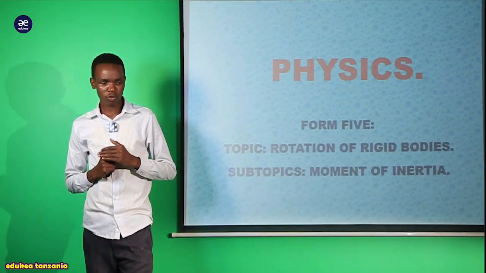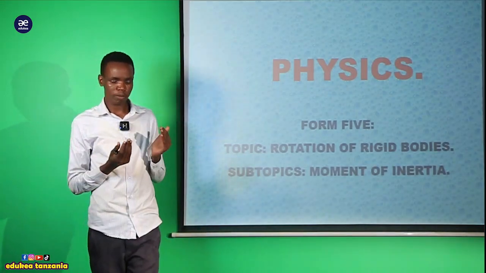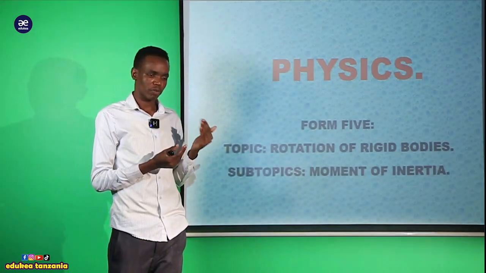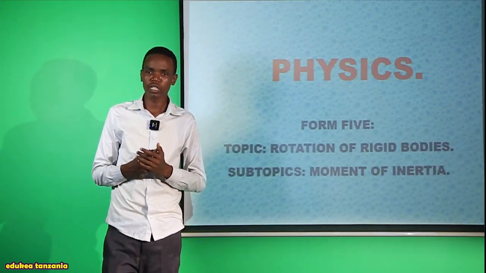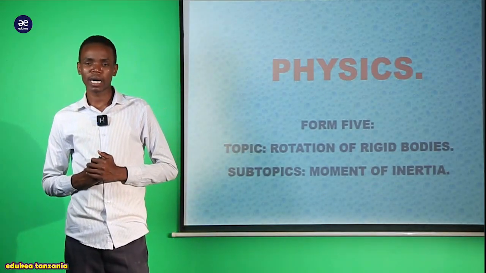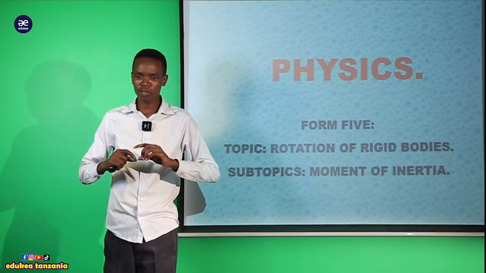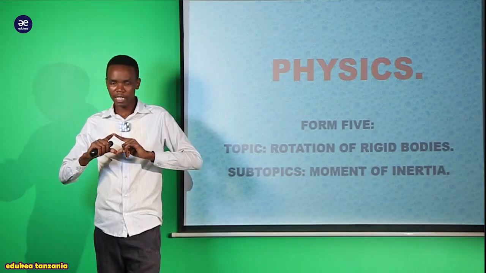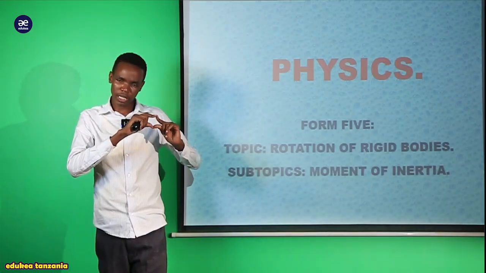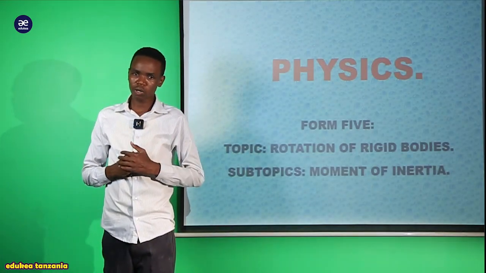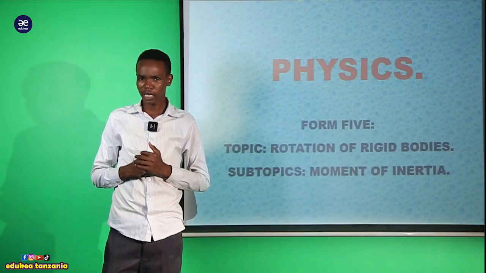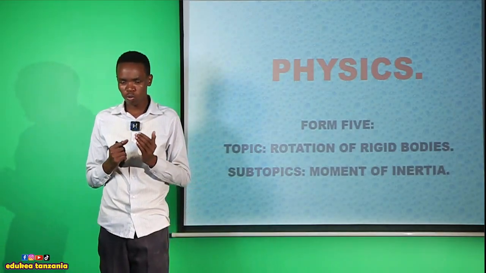After that, we looked at the relationship, the percentage variation, between the moment of inertia and the mass of the solid sphere. We said that they vary together: when the mass of the solid sphere increases, the moment of inertia also increases.